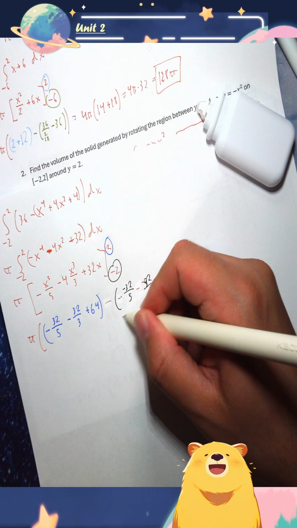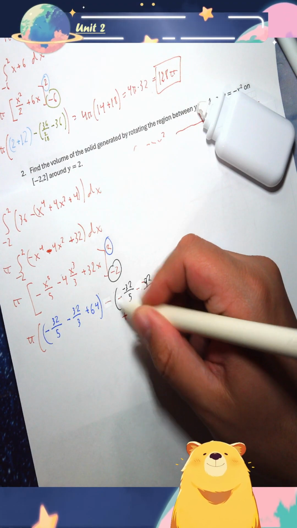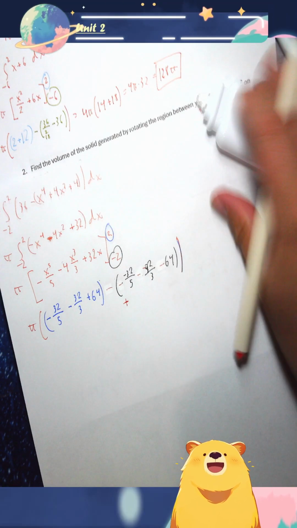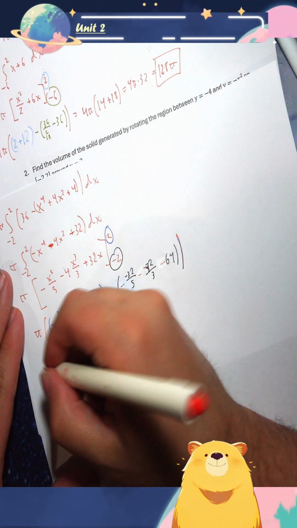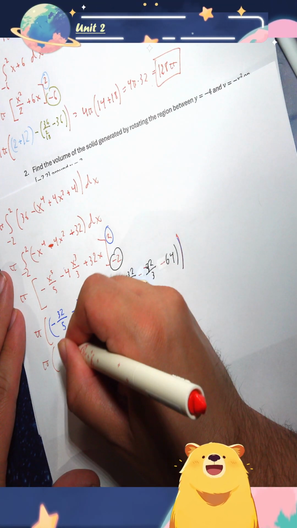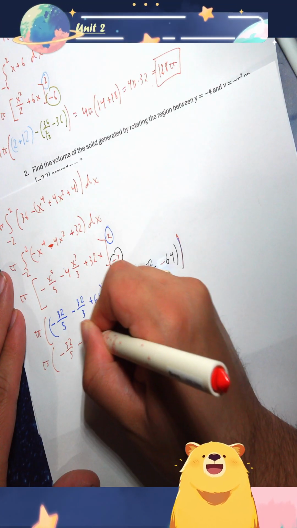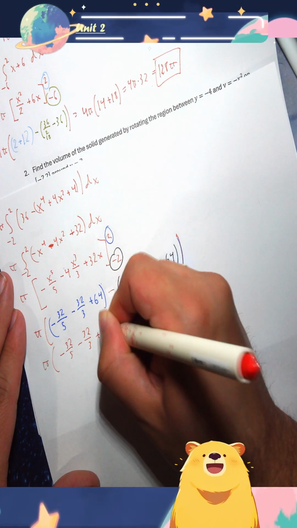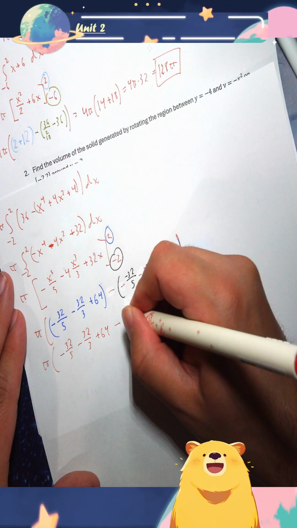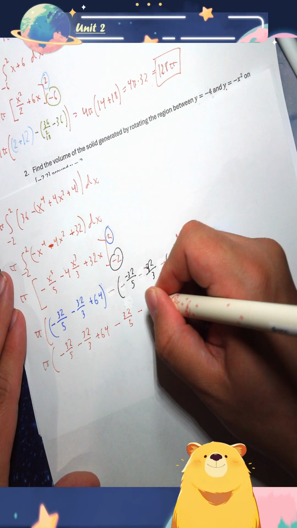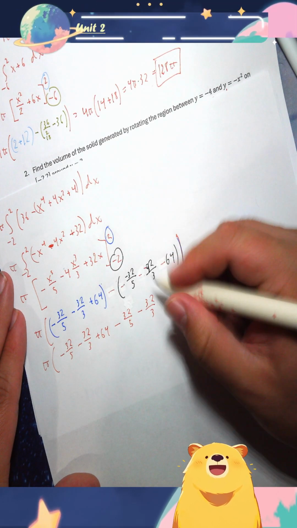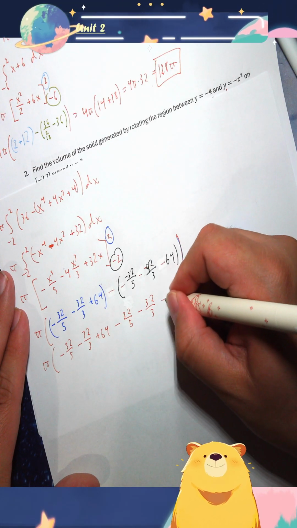That distributes to a plus, and then that distributes to a negative. So then it's going to be negative 32 over 5 minus 32 over 3 plus 64 minus 32 over 5 minus 32 over 3 and then plus 64.